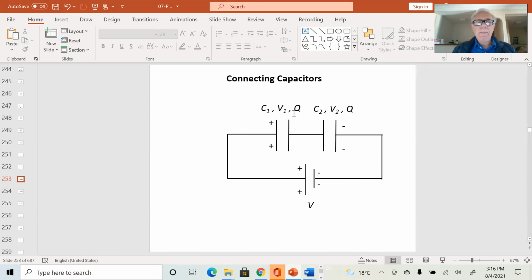And then what happens next? This positive charge attracts the negative charge to this plate of the capacitor. Remember, those two plates are very close to one another, and those negative charges attract the positive charges to this plate of the capacitor. Either attract the positive or repel the negative. Either way works, and you end up like that. That's how it works.